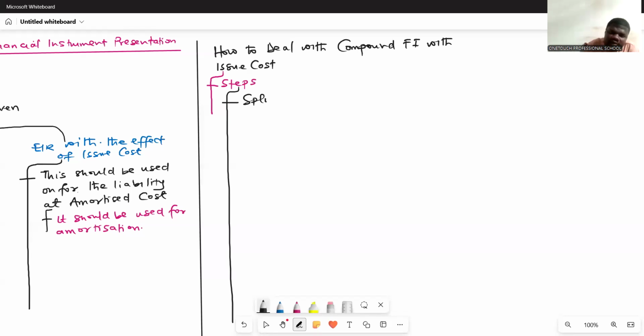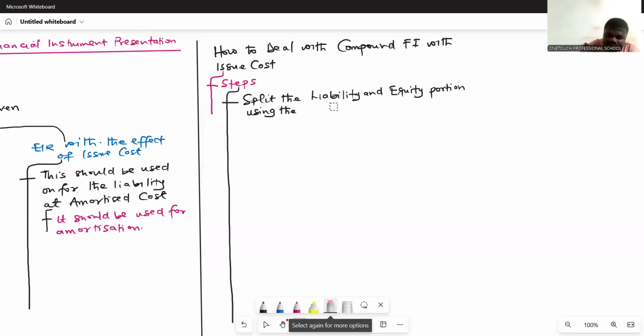So we split the liability and equity portion using the effective interest rate without the effect of issue cost.